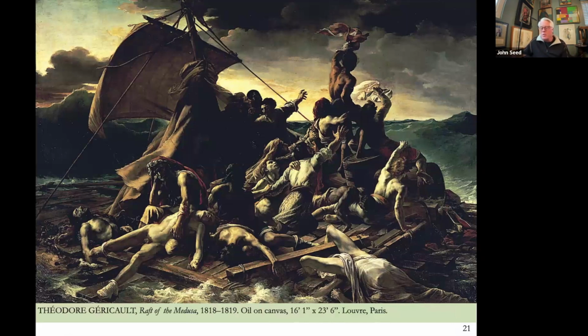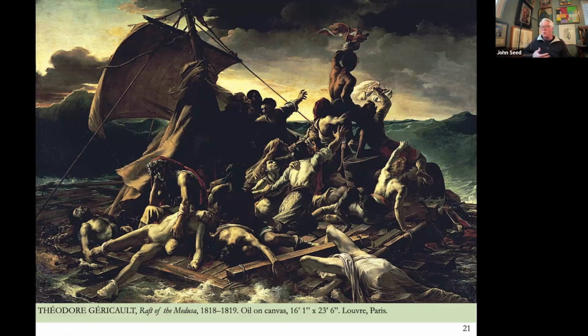Géricault's Raft of the Medusa is a grand salon painting that was made through research. Again, you can make a whole presentation just about this painting, but let me tell you a little bit of what happened. Géricault was a romantic painter who wanted to make a very, very powerful, complete painting that made a social statement. And keep in mind, this is after the fall of Napoleon now. It's after 1815.